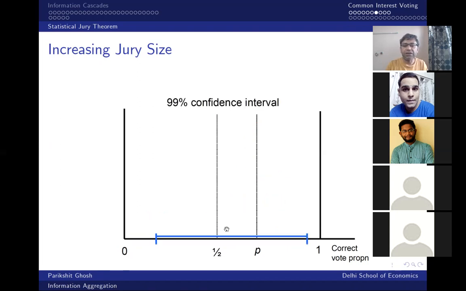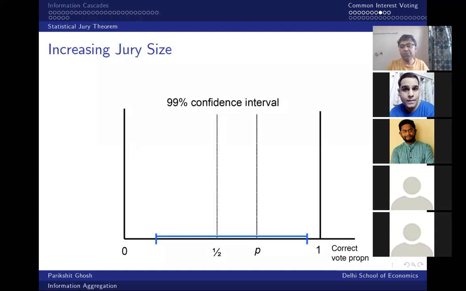Yet another way to think about it is the following. Let's say I'm creating 99% confidence intervals, right? So what will be the realized fraction of correct votes in the jury? Well, the mean of that is P. Okay, what is the 99% confidence interval?